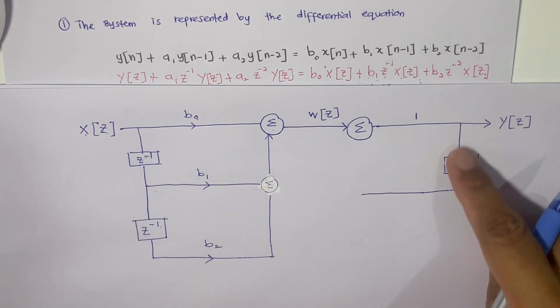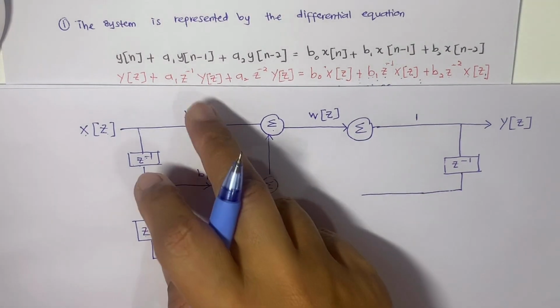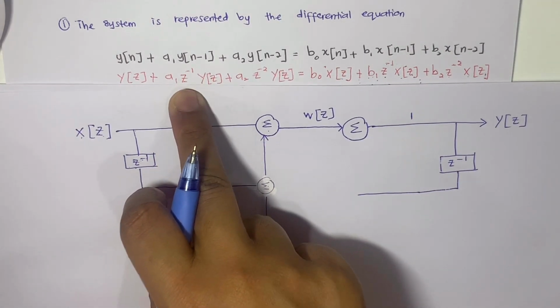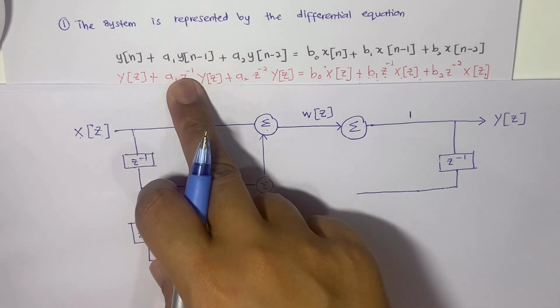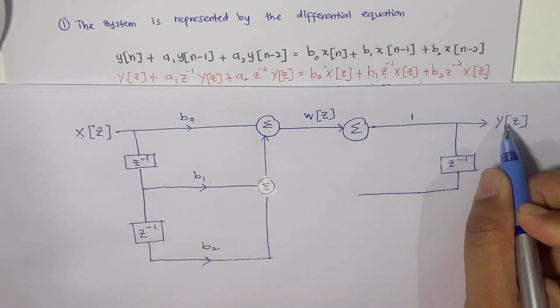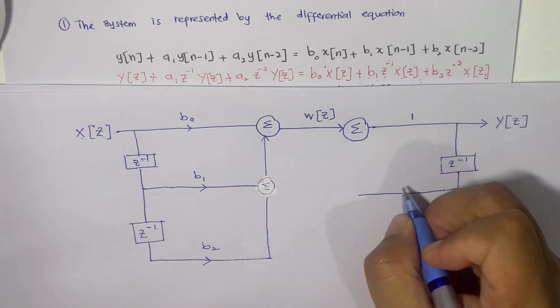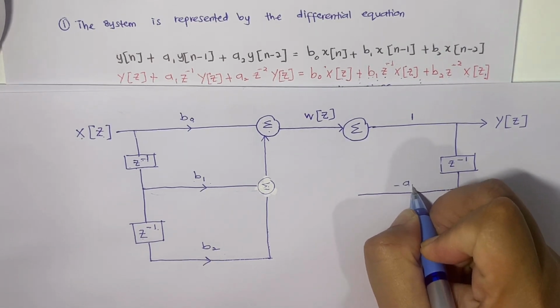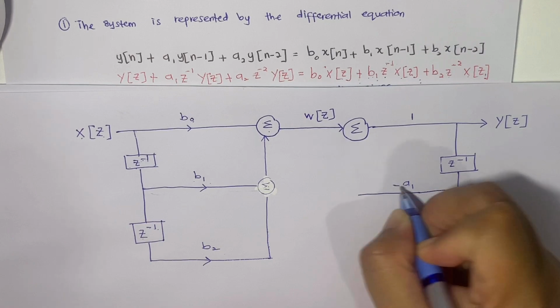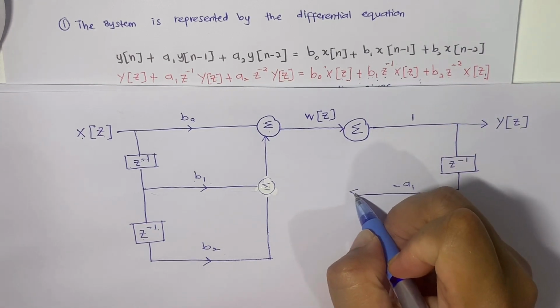So this one is from the second terms here. A1 Z to the power of negative 1. So YZ times Z to the power of negative 1. Negative A1. Okay, this is the summation part.